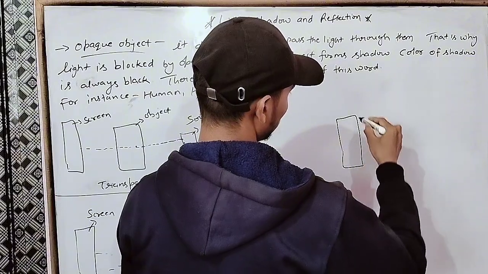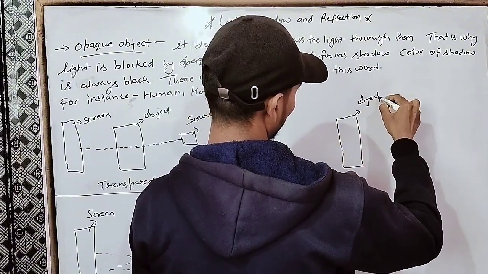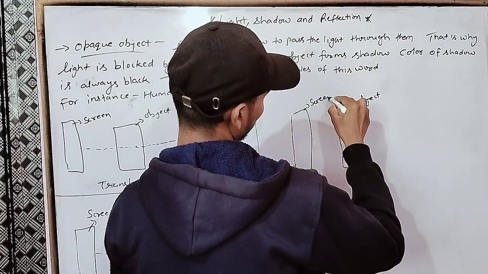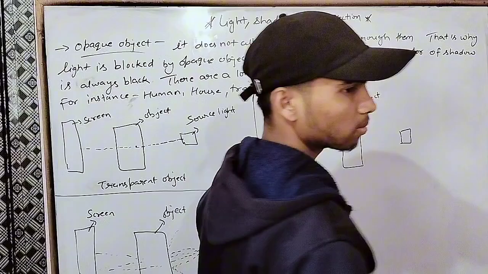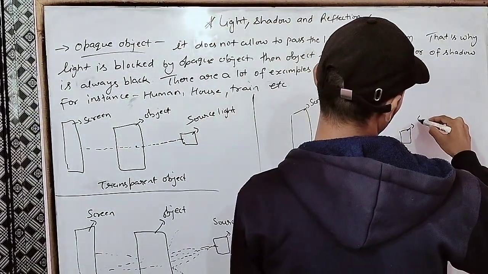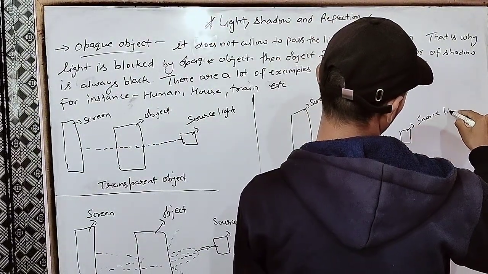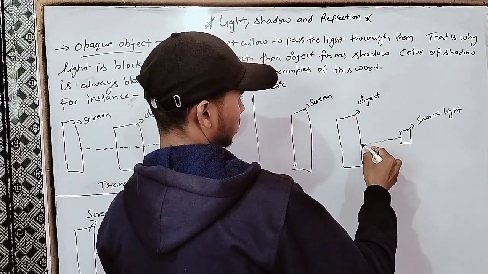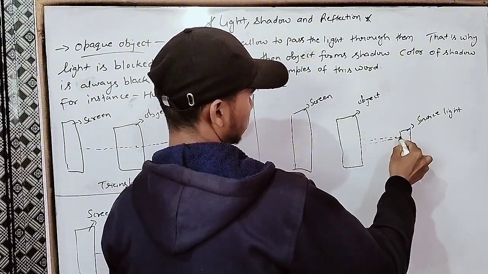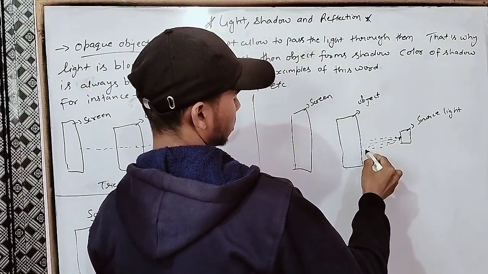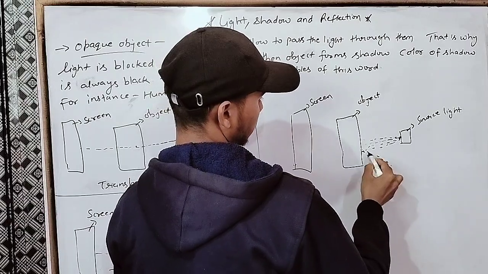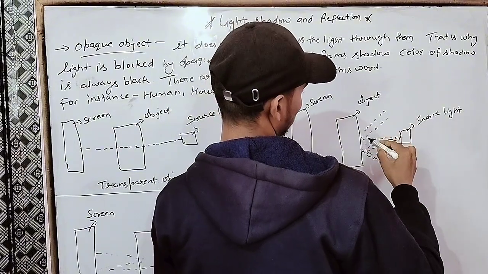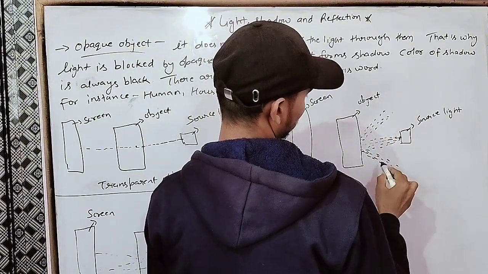This is the object, and there is a screen object, and this is the source light. Light comes like this. It turns into another direction. This is the definition of the word reflection, but we will come to this discussion, don't worry.